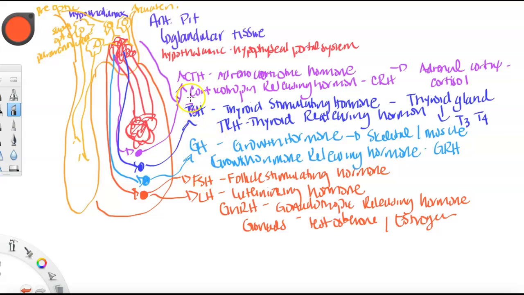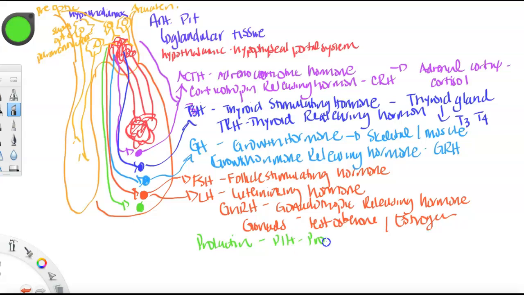All right, the last one is going to be prolactin. So prolactin is a little bit different. There's still a sort of a releasing hormone that goes down to a lactotrope. But instead of a releasing hormone, it is an inhibitory hormone.